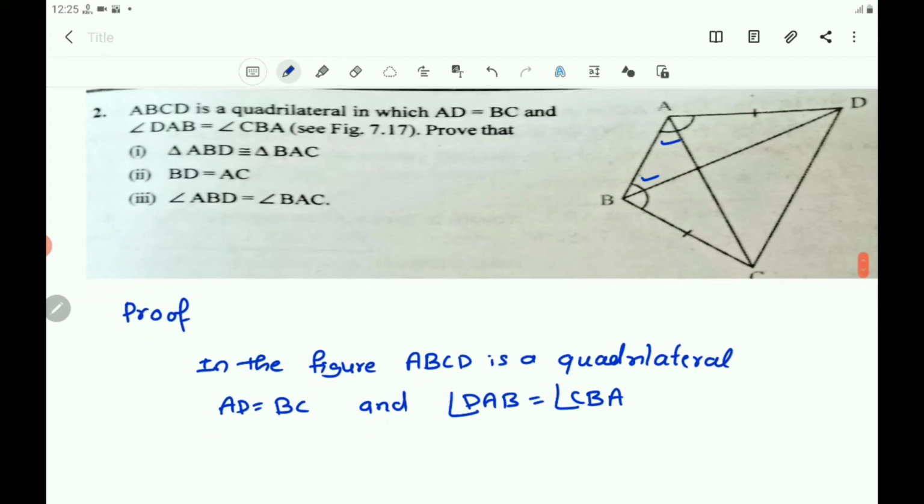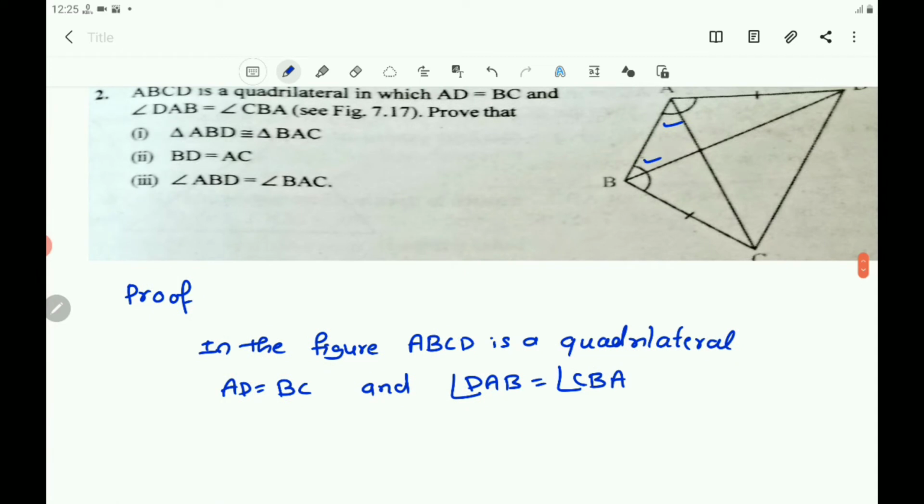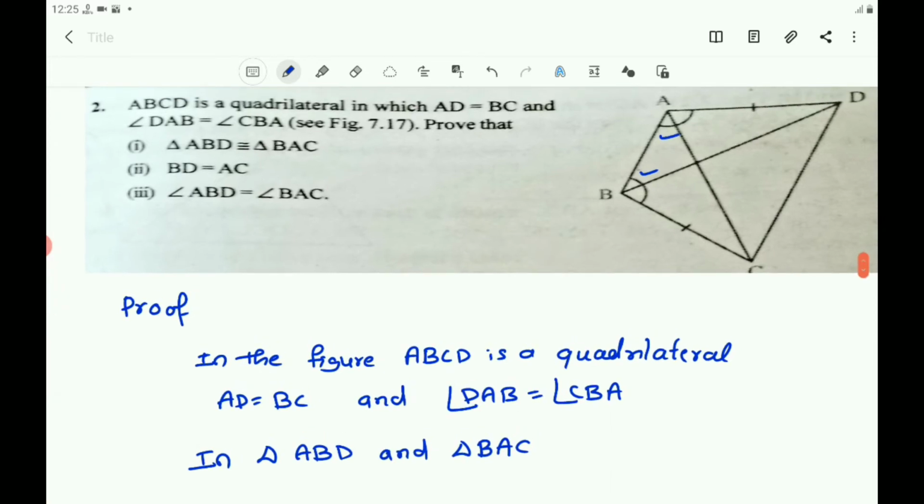This much is given here. What you have to prove? We have to prove these three things. Now you write the names of the triangles. In triangle ABD and triangle BAC, what is given?